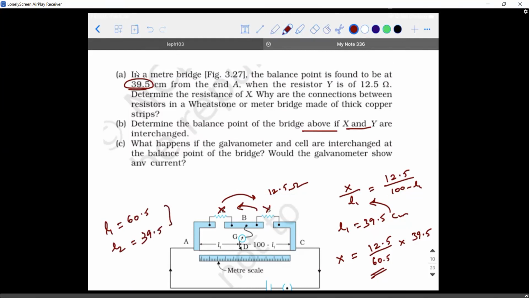Even without calculating, wherever X is, from that particular end the balance point is found at a distance of 39.5. So when X is here, from point C it would have been 39.5, and obviously the other side would have been 60.5.